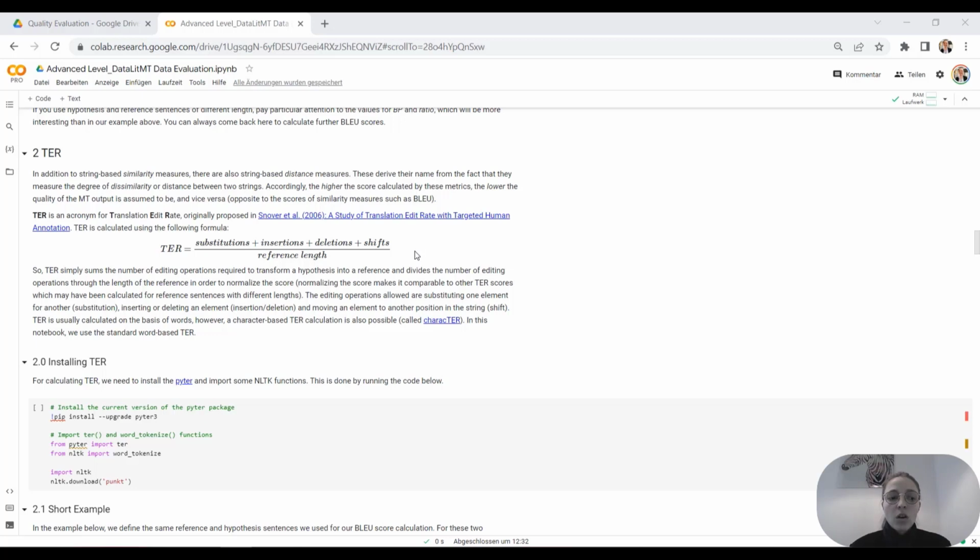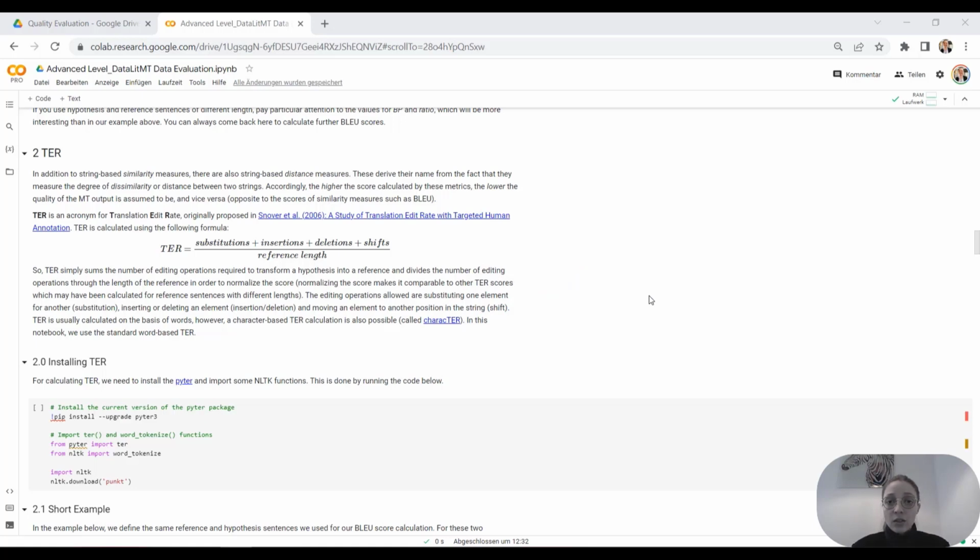And we are looking at the original TER by Snover et al. in 2006, that calculates this on the basis of words. There is also a character-based version which calculates on the basis of characters. So you can have a look at that here. But that is pretty much what we need to know here for TER and how it is calculated.